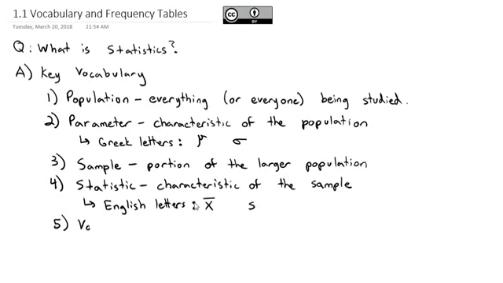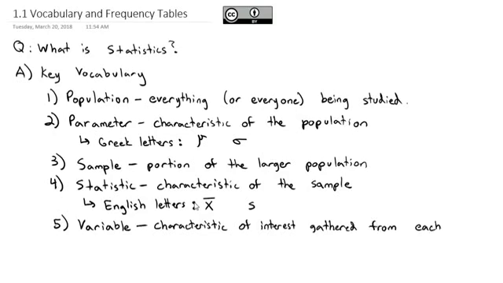So as we're looking at statistics of samples, which hopefully will estimate the parameter of a population, we're also interested in what are called variables. And these are not the variables of algebra. A variable is any characteristic of interest gathered from each item in the sample.